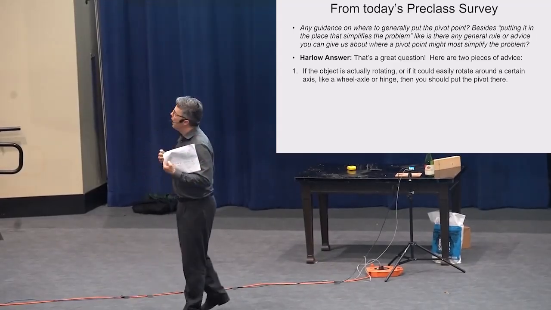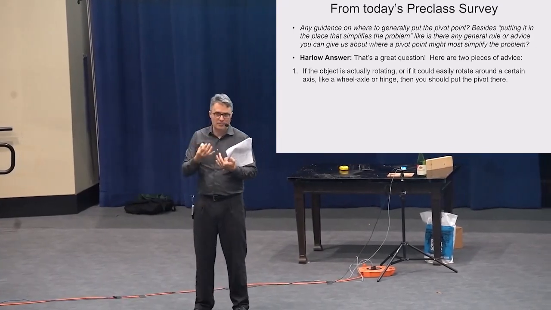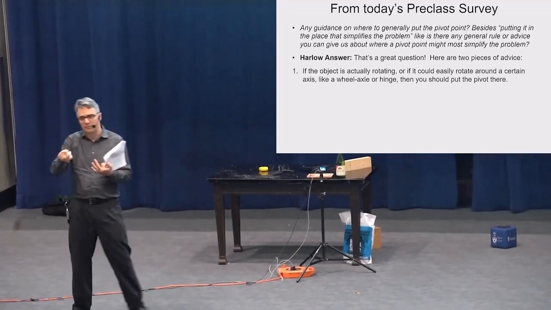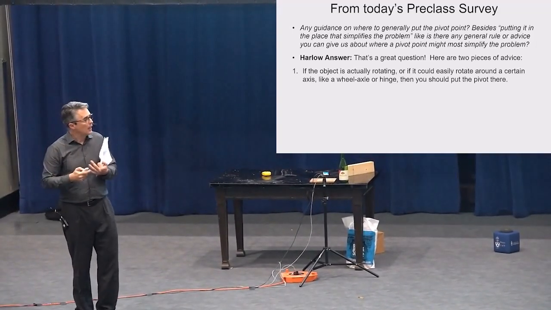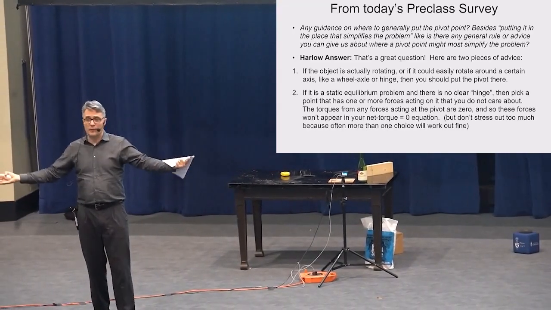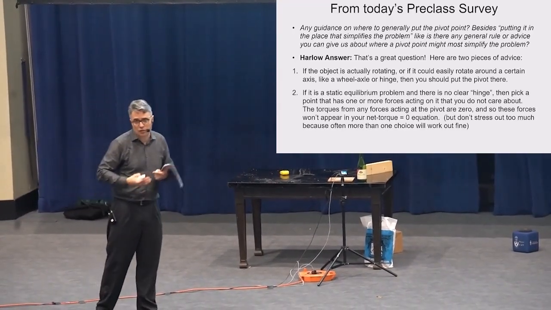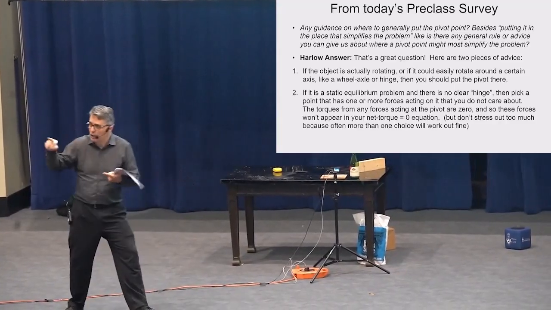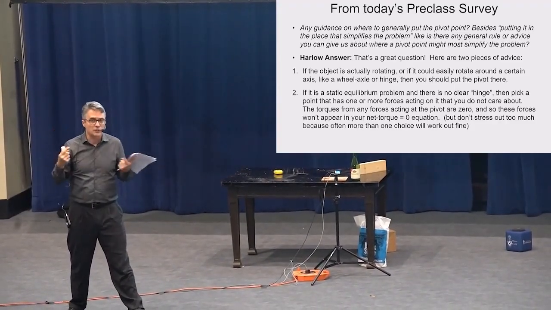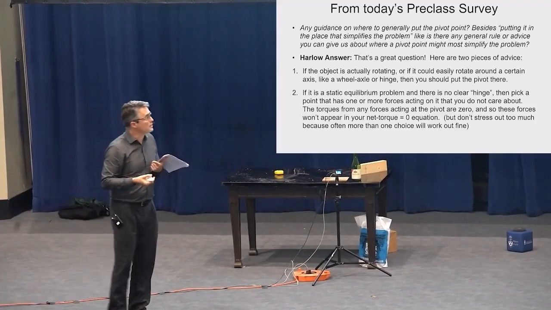In that case, it's best to put the pivot where the thing's really rotating, like an axle on a wheel. But in static equilibrium problems, nothing's moving. Nothing actually is rotating, so the rule is it doesn't matter where you put the pivot, the net torque around any pivot is 0. So it's your choice.